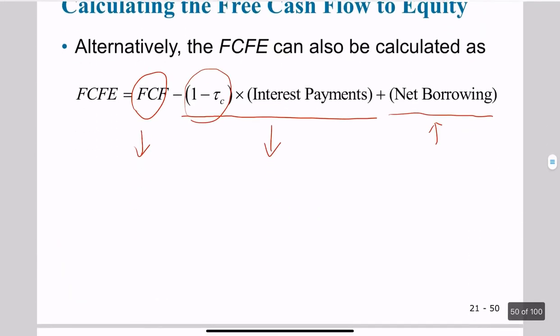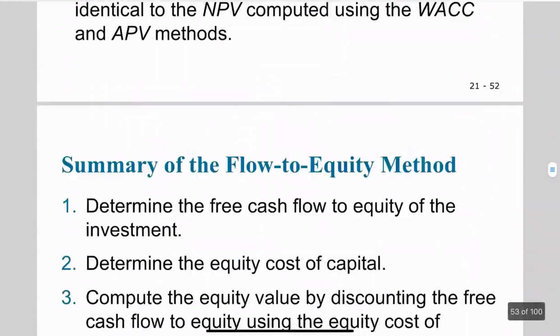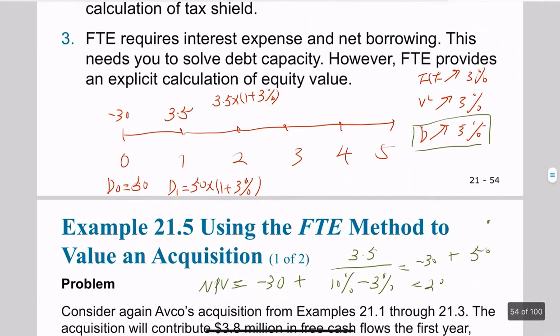You could argue that free cash flow increases at 3%. The interest payment increases at 3% because debt increases at 3%. And net borrowing also increases at 3%, because of the argument we have made here, right? We have seen that there is a growth rate of 3% in debt.